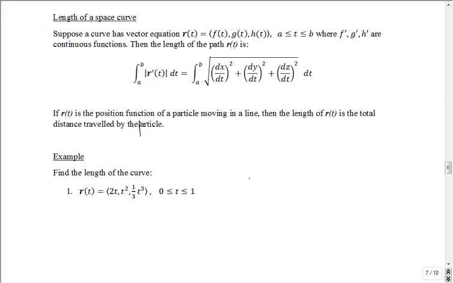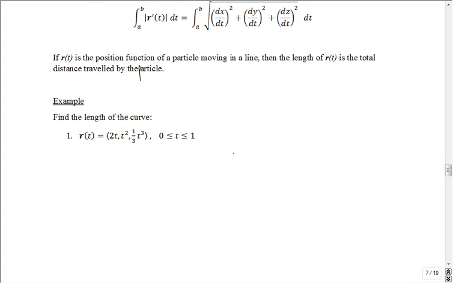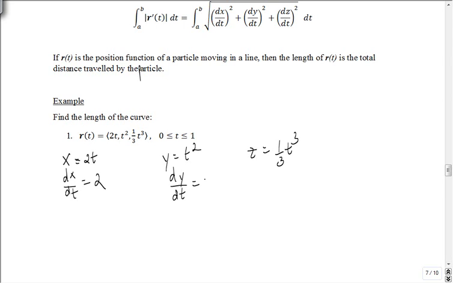Okay. Let's do an example. Let's do more integration. Let's find the length of the curve. So what we should do, let's write down x, y, and z. So x is 2t, y is t squared, z is 1/3 t cubed. Let's differentiate all of them. So dx/dt is 2, dy/dt is 2t, dz/dt is t squared.